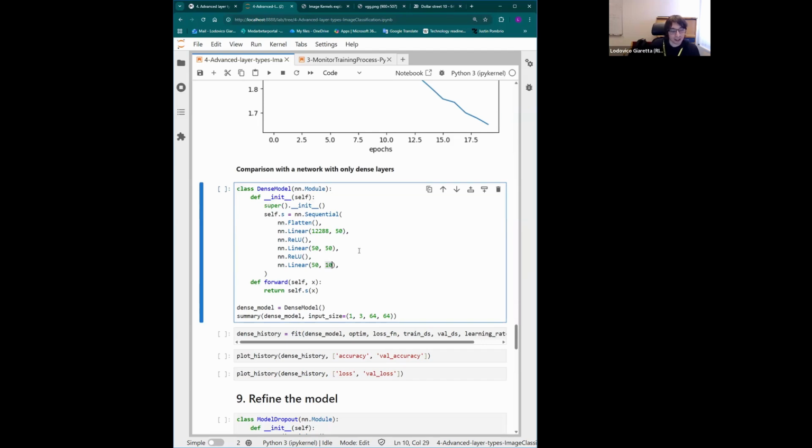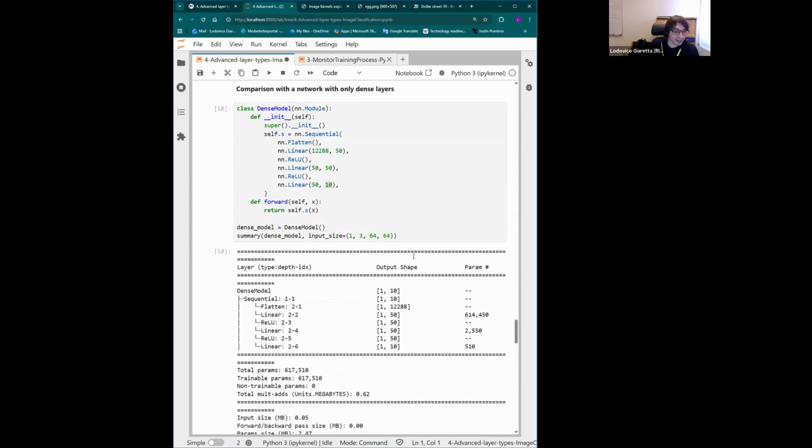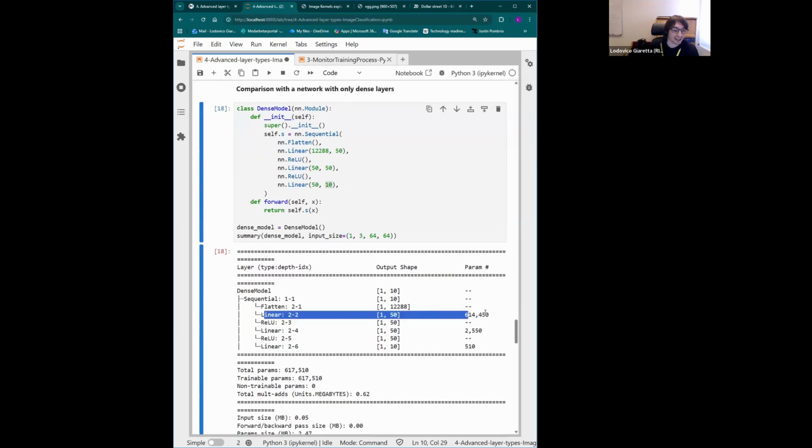So in a sense, we are extracting the same amount of features that our convolutions were extracting before. And if we look at this model, we can see that it is actually quite big. It's bigger than the convolutional model we just had, simply because the linear layer that operates on the whole image is quite big.